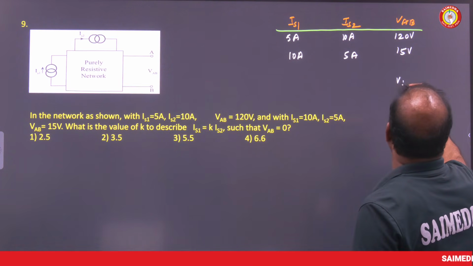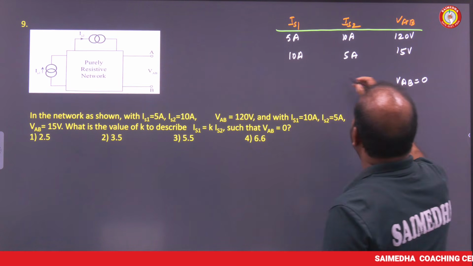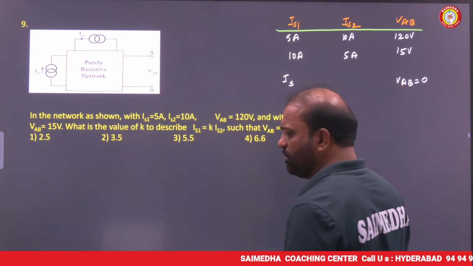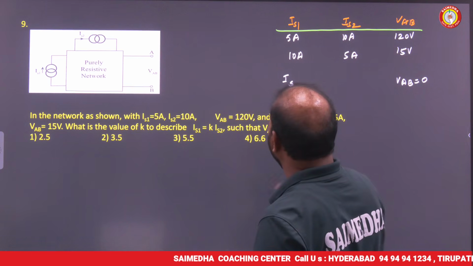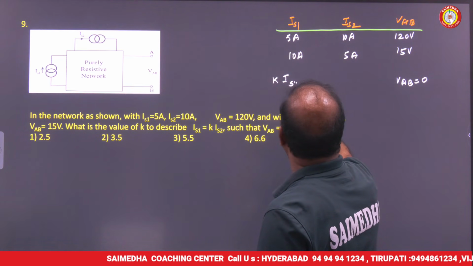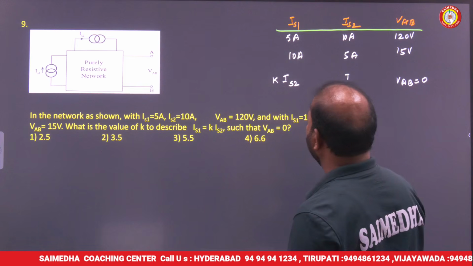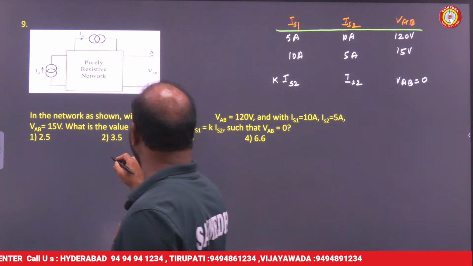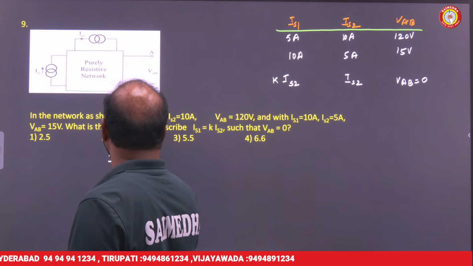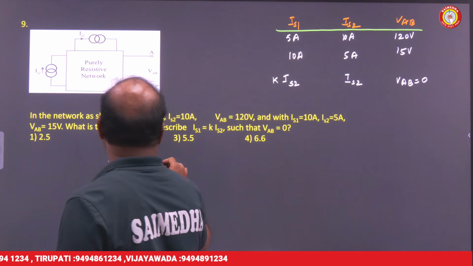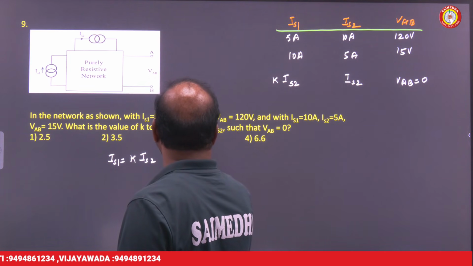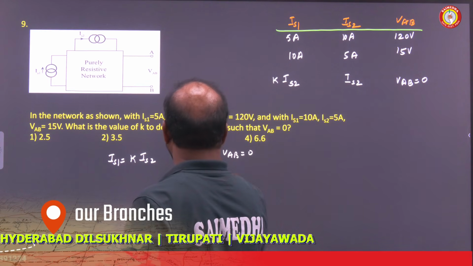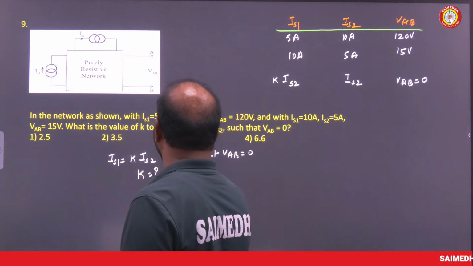When IS1 is equal to K into IS2 such that VAB is equal to 0, in this case what is the value of K?